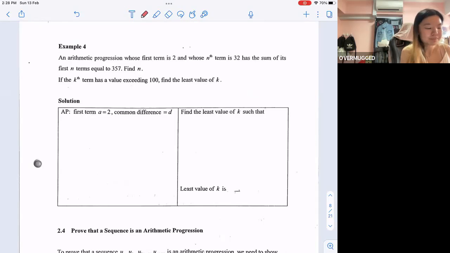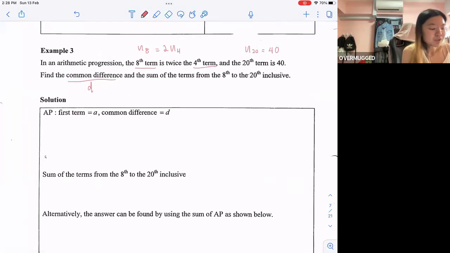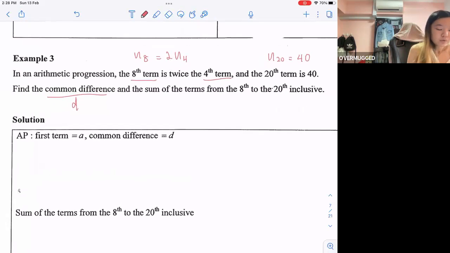So going back to example number 3, we let the first term be A and the common difference be D again. I'm going to write out the 2 clues. U8 is 2 times U4.